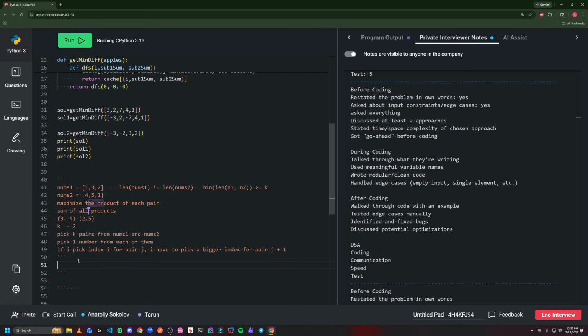So I'm thinking, for example, if I consider the first number, I have options like I can consider 1 at index 0, but at index 1, I can have options like 0 and 1, and at index 2, I have options for 0, 1, 2.